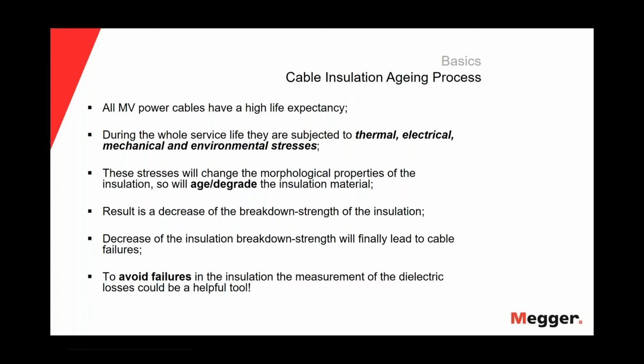In other words, will age or degrade the insulation material of the cable. So this will result in a decrease of the breakdown strength of the insulation, and the decrease of the insulation breakdown strength will finally lead to cable failures. And of course, to avoid failures in the insulation, the measurement of the dielectric losses could be a helpful tool.